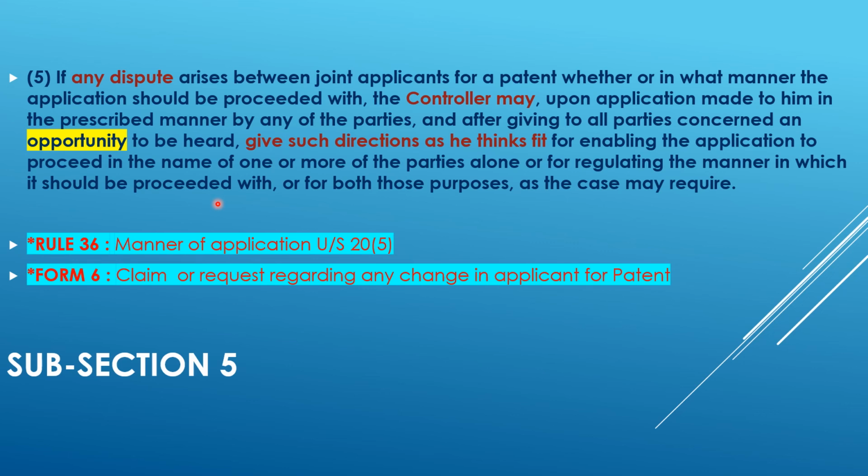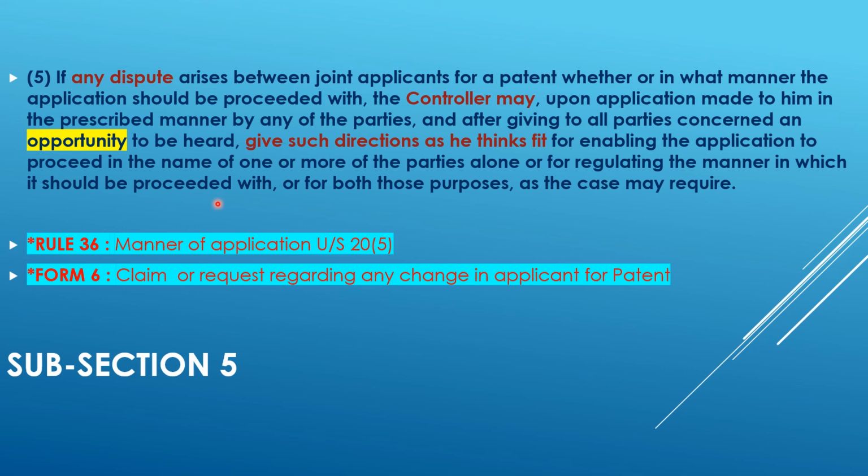Then the controller first gives all the aforesaid joint applicants an opportunity to be heard and then gives directions as he thinks fit. And what are the directions? The directions enable the application to proceed in the name of one or more parties alone, or for regulating the manner in which it should be proceeded with, or for both the purposes.